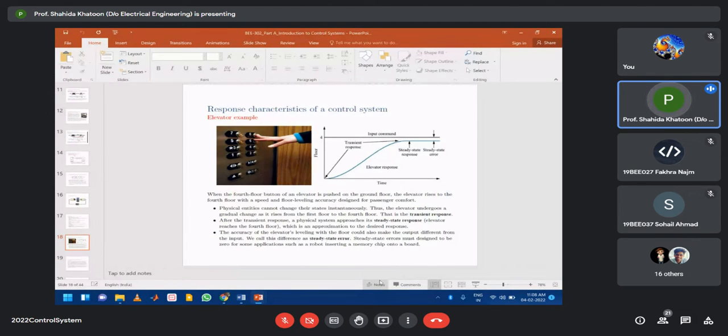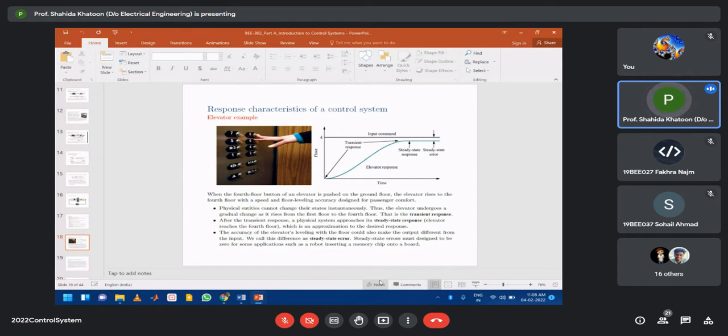Then we can take another example of a closed loop control system, which is the elevator example, to get a better understanding of the response characteristic of a control system. So when the fourth floor button of an elevator is pushed on the ground floor, the elevator rises to the fourth floor with a speed and floor leveling accuracy designed for passenger comfort.